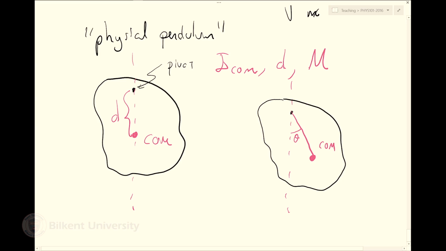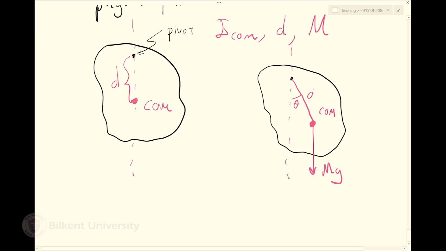Now, what is creating a torque? What is restoring my object to its original position? Gravitational force, which is mg, and for a rigid body, mg is as if it's acting at the center of mass, right? So I can show that it's acting on the center of mass. So this distance is d.